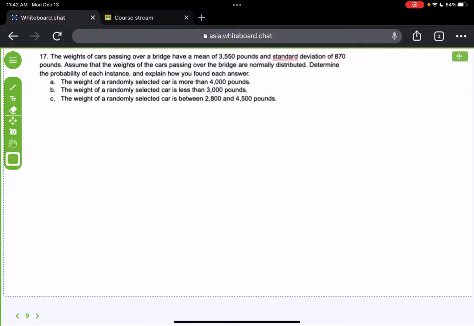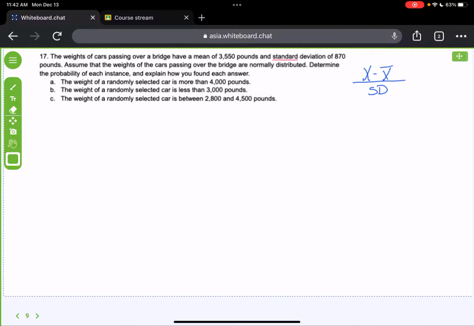Number 17, the weight of cars passing over a bridge has a mean of 3,550 pounds and a standard deviation of 870. Assume that the weights of the cars passing over the bridge are normally distributed. Determine the probability of each instance and explain how you found the answer. Well, this means we're going to take the value minus the mean over the standard deviation.